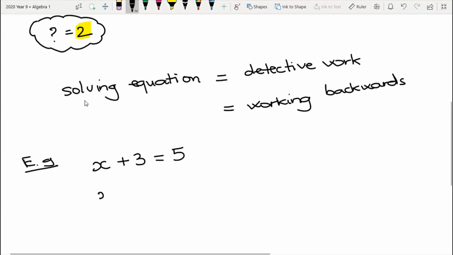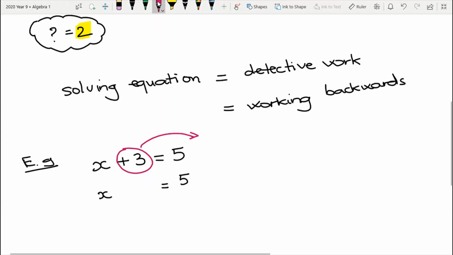You keep the X on the left hand side because we are looking for it, and we do the opposite of plus 3, which is minus 3. So 5 stays on the right hand side, and you move the plus 3 to the right side.